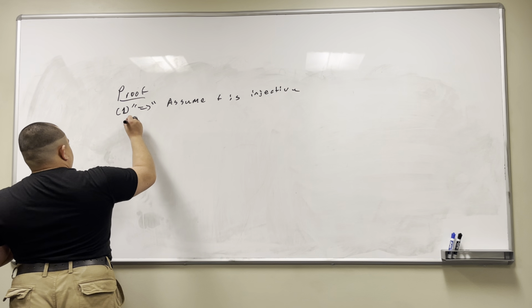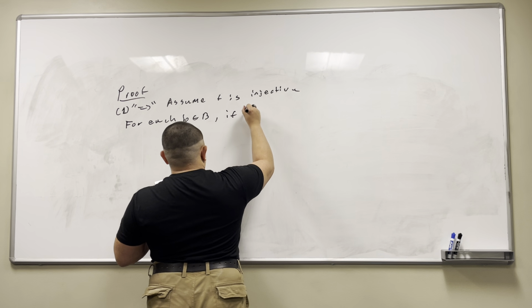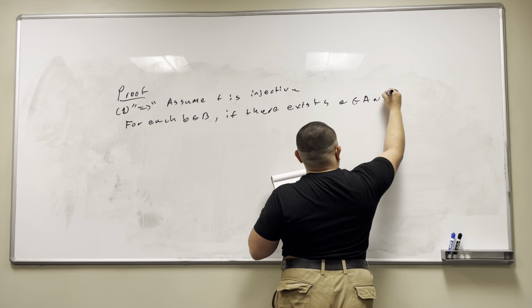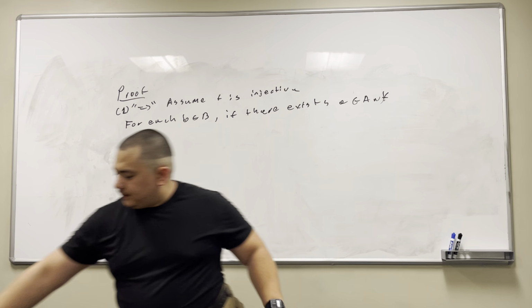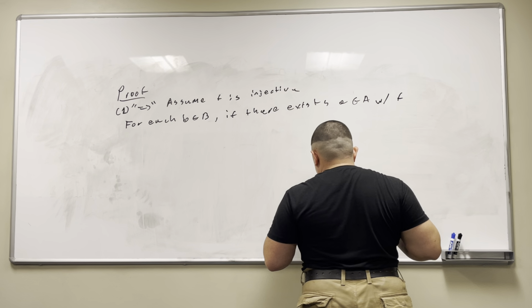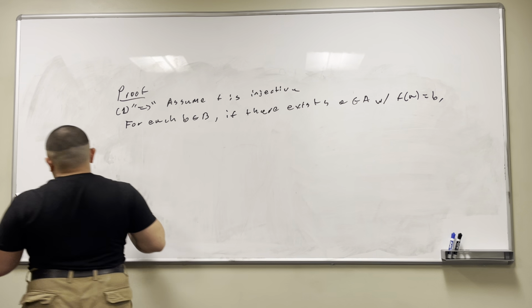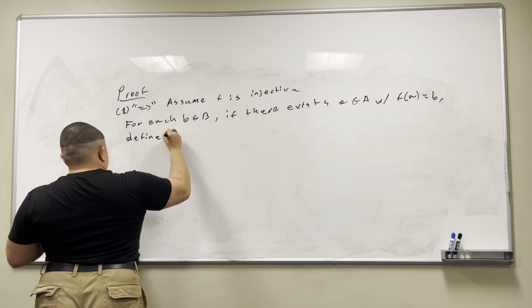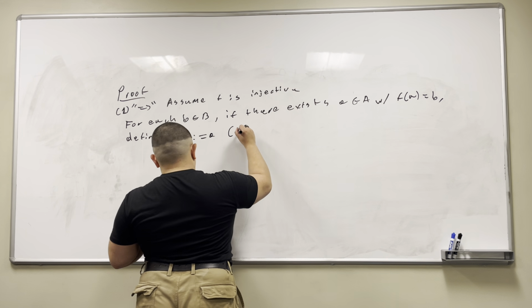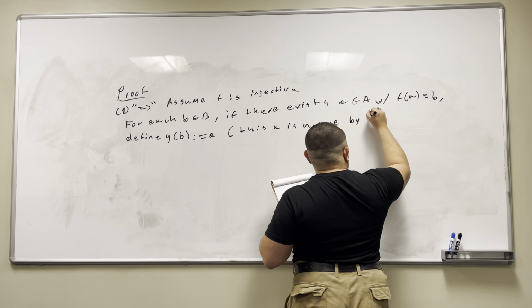Then by definition, for each b within the set B, if there exists a within A with f of a equal b, define g of b equal to a, and this a is unique by injectivity.